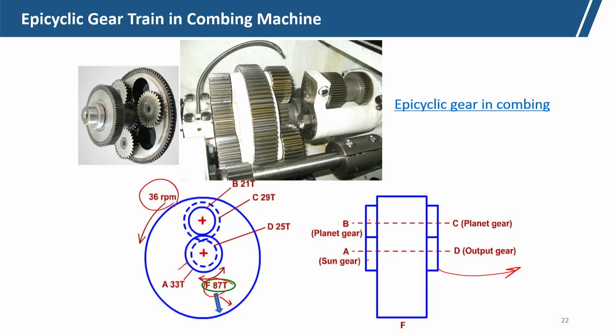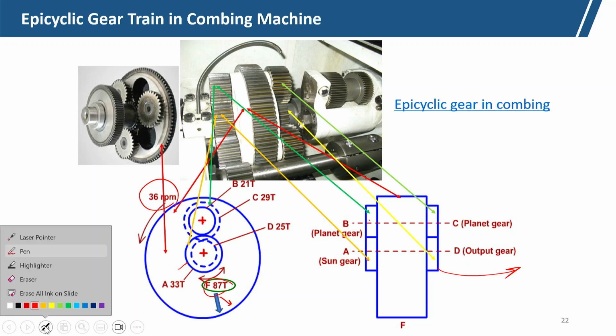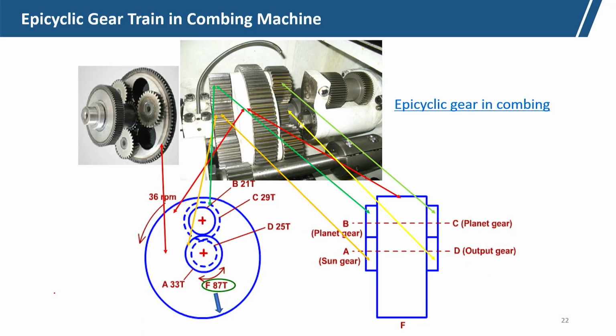Now, F is the arm. We can see from the photograph that this one is the arm, and on the arm we have the 3 wheels fitted.